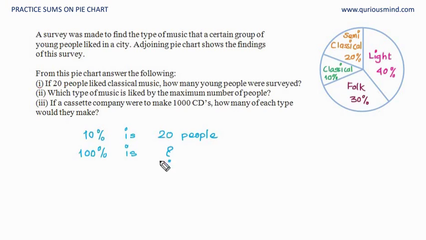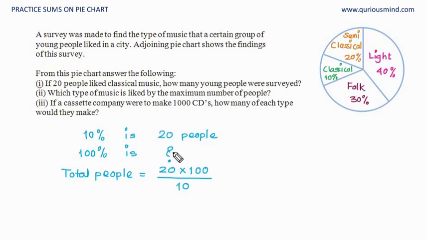When we have such kind of relation, this question mark, so total people, is equal to multiplication of these two diagonally opposite terms. So it would be 20 multiplied by 100 and divided by this.